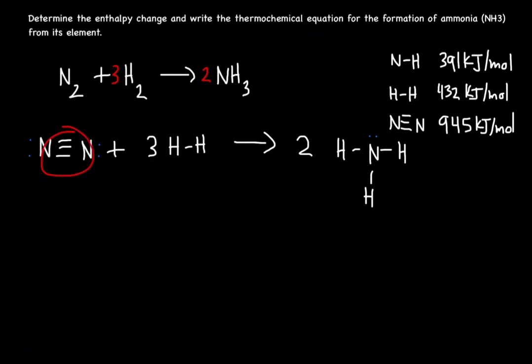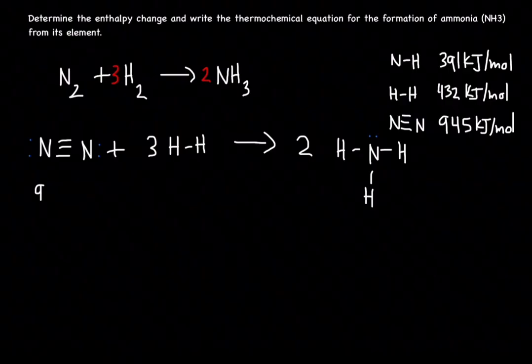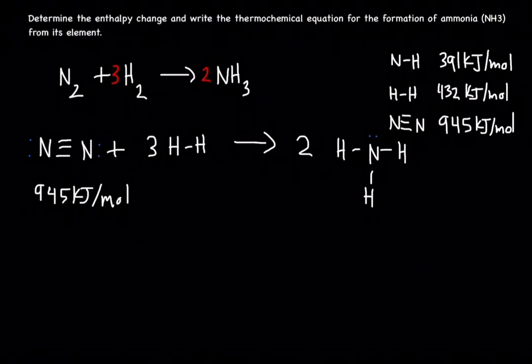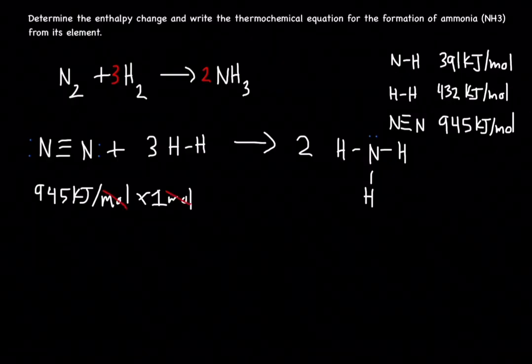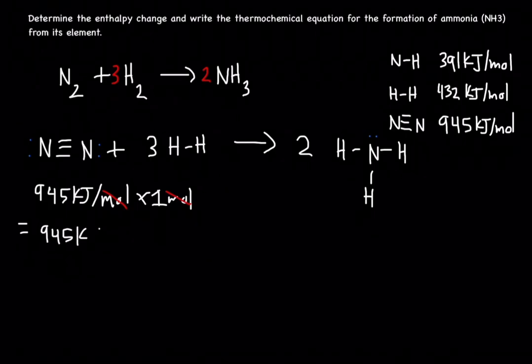Since we only have 1 mole for this, we can simply do 945 kilojoule per mole, because that's the bond energy that we're given here, times 1 mole. The unit mole cancels, and we're just left with 945 kilojoule.